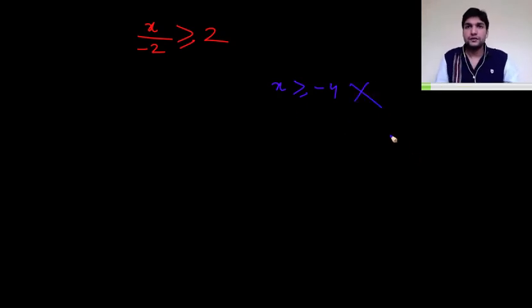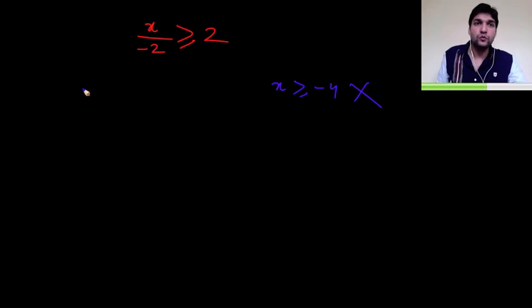Why? I did the arithmetic well, it should be right, but this is not true. This is exactly opposite. Why? See here, whenever you multiply or divide, whenever you do any stuff with an odd number of negative terms here, you have to reverse your inequality.